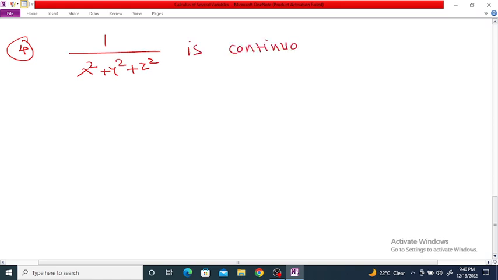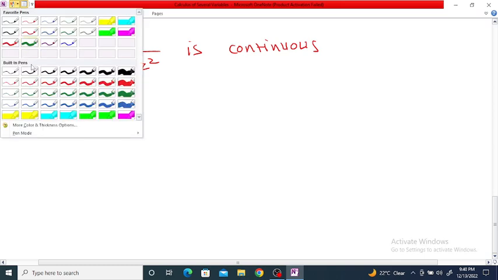Example number 4. We want to determine at what points the function 1 upon (x square plus y square plus z square) is continuous. This is f of (x, y, z), and we want to determine at what points this function is continuous.